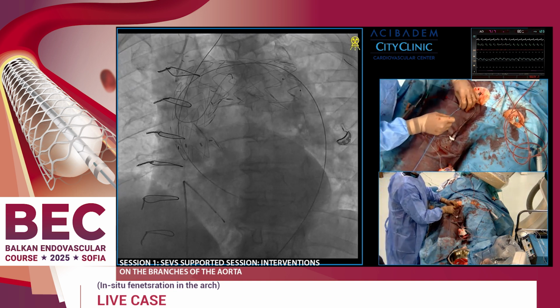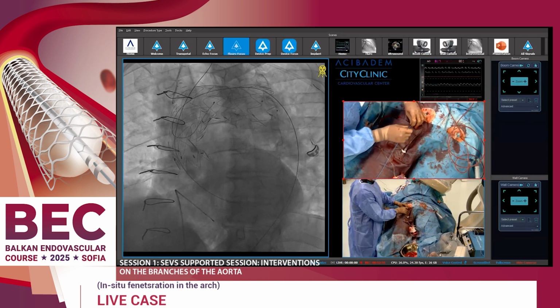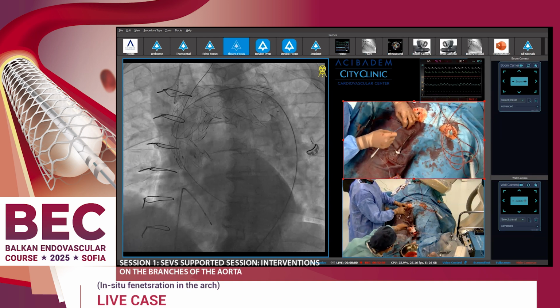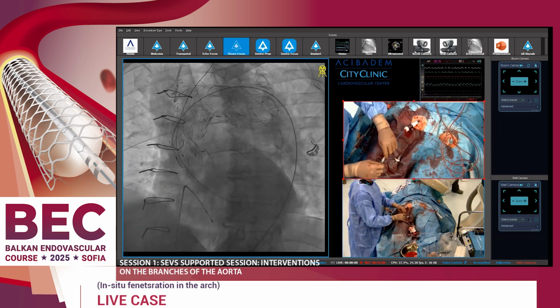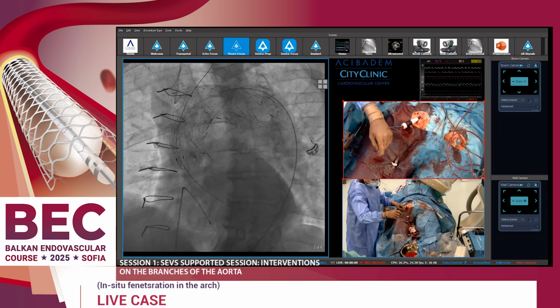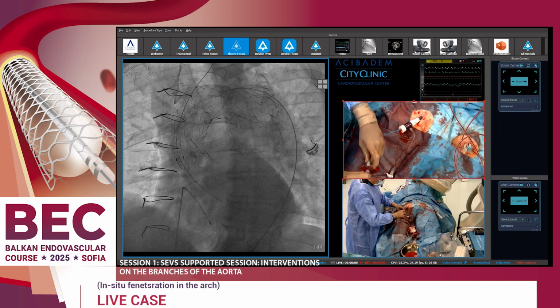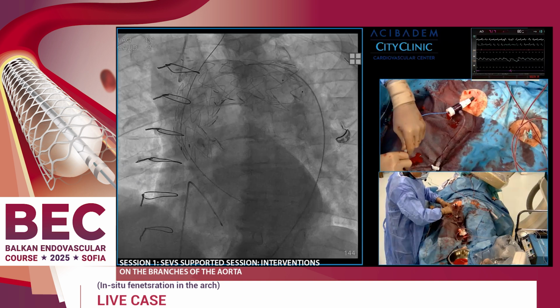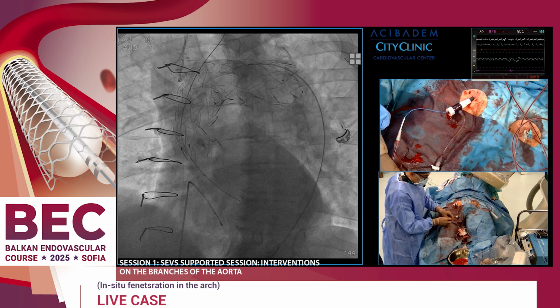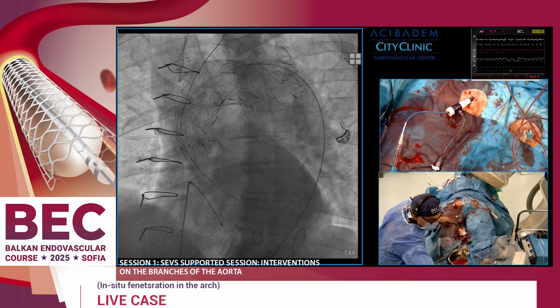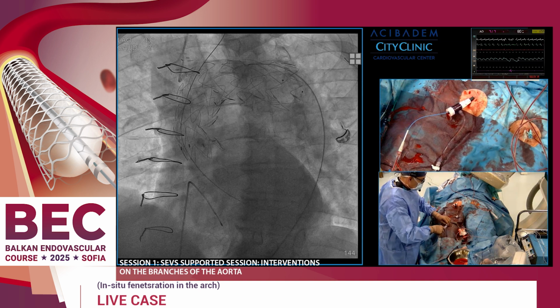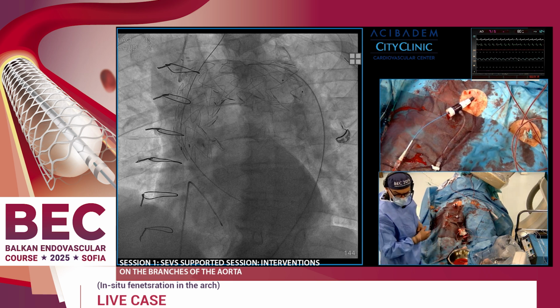Okay, the catheter is there. We put a Y connector and we are going with the lasso inside the catheter. Okay, let's go.